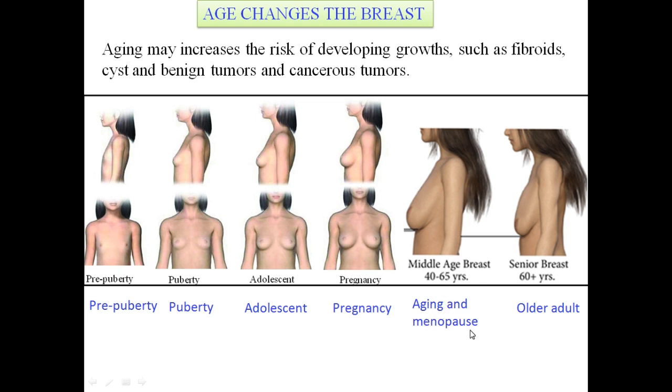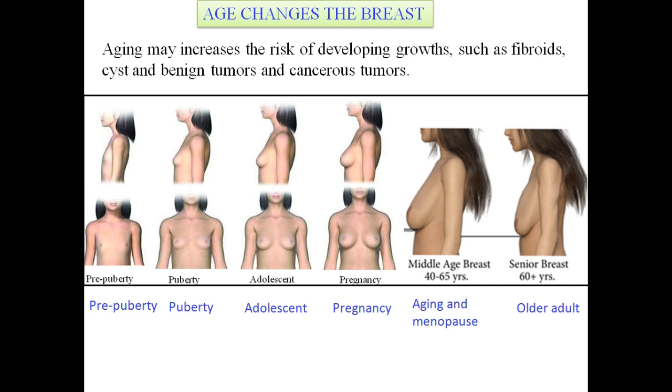In the aging and menopause stage, we can see the atrophy of lobular and lactiferous ducts and an increase in adipose tissue, and reduced elasticity of the suspensory ligament of Cooper in aging and menopausal women. In older adult women, the breast is going to be pendulous and sag because the breast tissue is replaced by fat and connective tissue.